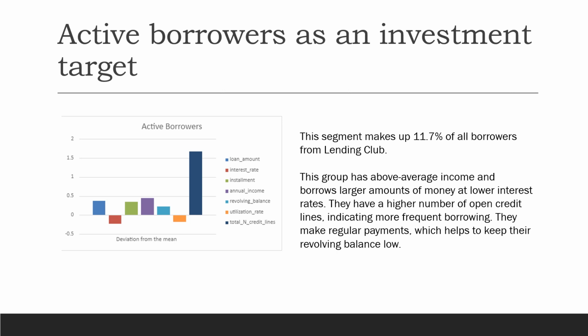We can interpret this information as a group of people who frequently borrow money on favorable terms and pay back on time. The description of the group is here to reinforce our choice of investing money into this group. So we propose active borrowers as an investment target.